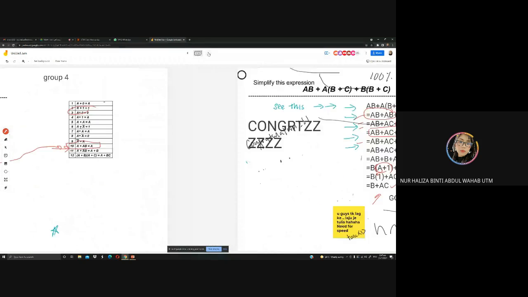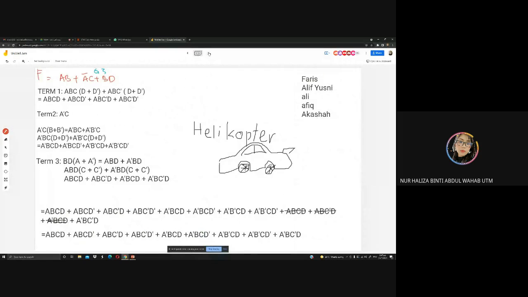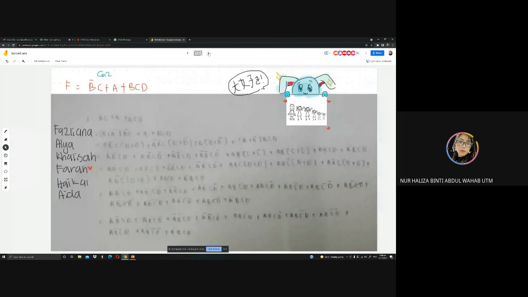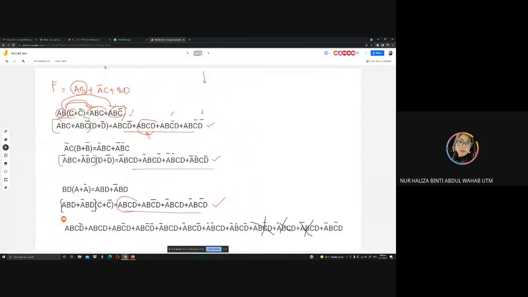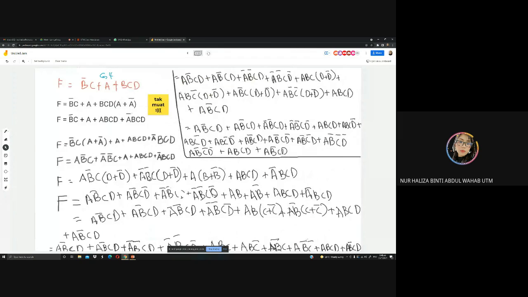mana 13? AB plus A bar C. Okay. We pick group number 4 yang tak ada nama. Group number 4. Saya clearkan balik pages number 13 ni. Group number 4, siapa dia? Group member?